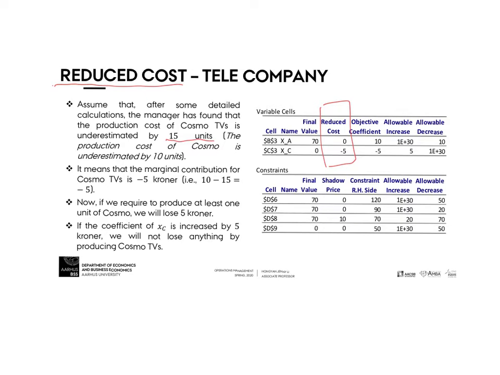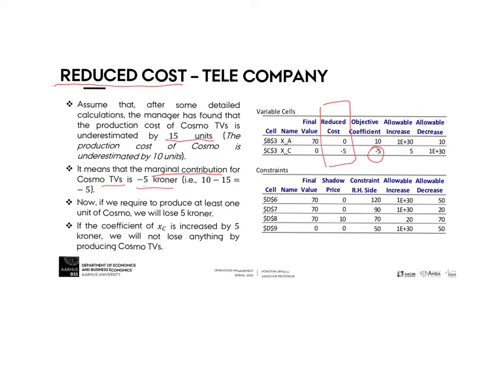So for example, maybe the production cost of Cosmo is underestimated by 10 units. Then the marginal contribution for Cosmo TV now is minus 5 kroner. Now you have a new objective coefficient, minus 5.